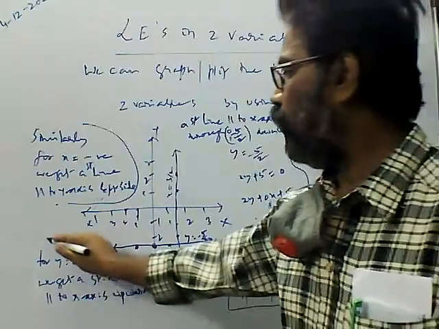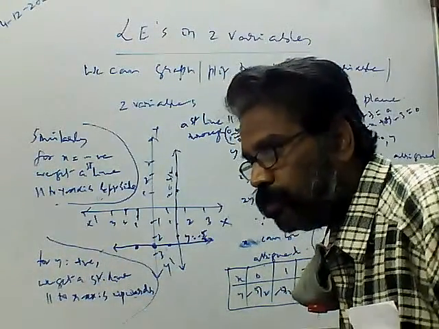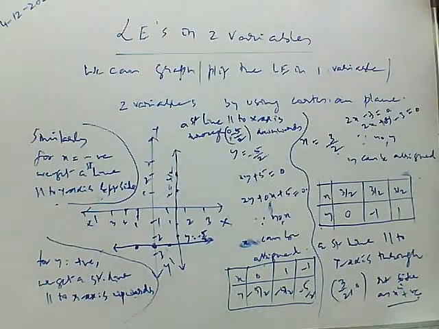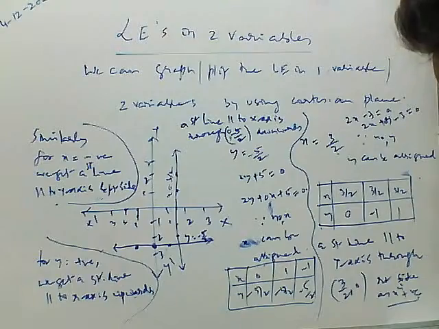Clear? These are the graphical forms of a linear equation in one variable. So far we have discussed linear equation in one variable.